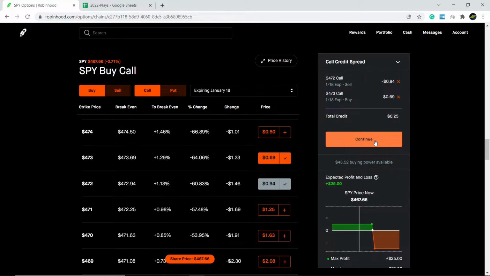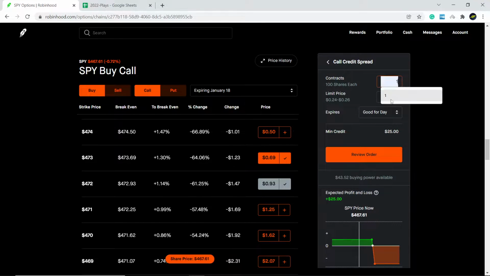And when we continue, it says the number. We have to click one contract, then we fill it in. Usually you want to do something between 23 and 26, what it says right here. And if it doesn't fill you, you wait a little. If it still doesn't fill you, just go down $1 until it fills you, because you don't want to go down $5 and then it executes you immediately, because you would be losing $5 of profit.